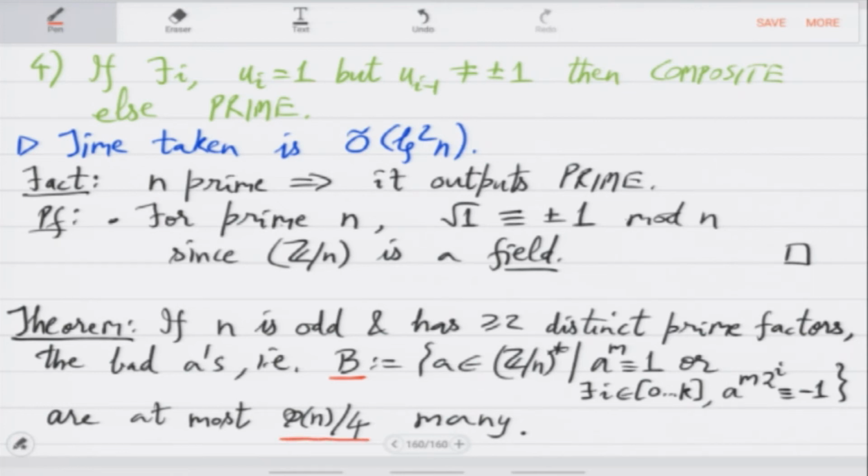There you had phi n by 2, here phi n by 4. So the probability of error is even smaller, it's 1/4. Right, so there is a 75% chance of success. So given composite as input, it will output composite. Prime, it will obviously output prime. So let us try to prove this now.